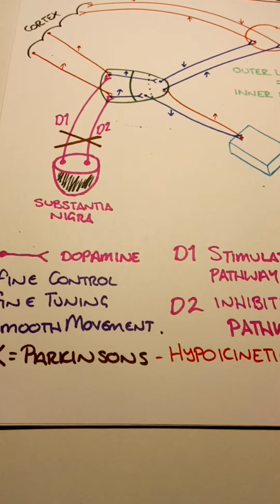Huntington's affects the indirect pathway. Okay, and let me just find a suitable colour. Oh, I don't know what colour to use. Oh, we'll use purple again. So many colours, such little time. No, actually, no, we won't use purple again. We'll use this green one.